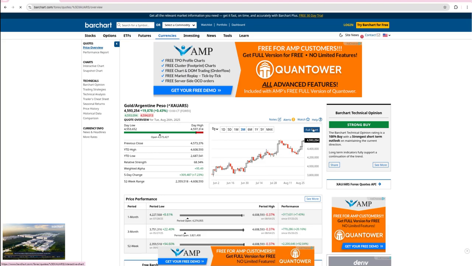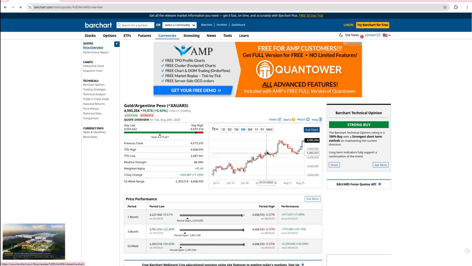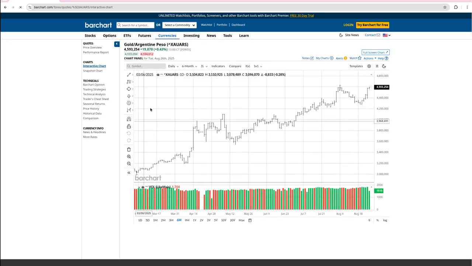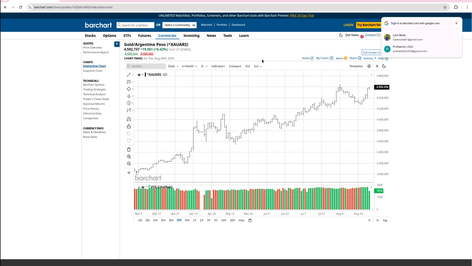This is a chart that is dealing with gold, not gold versus the US dollar. But my major interest, if I'm to trade gold as a future, I will be trading it as GC.